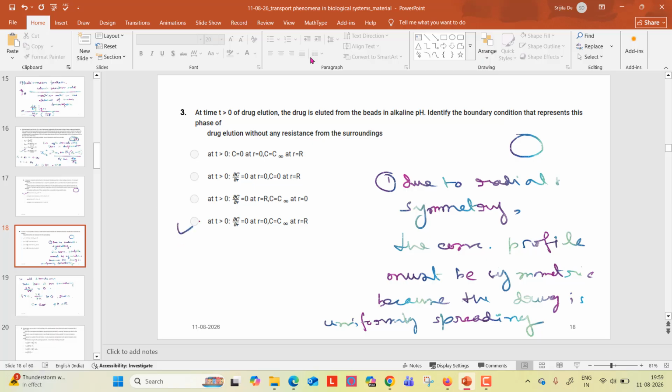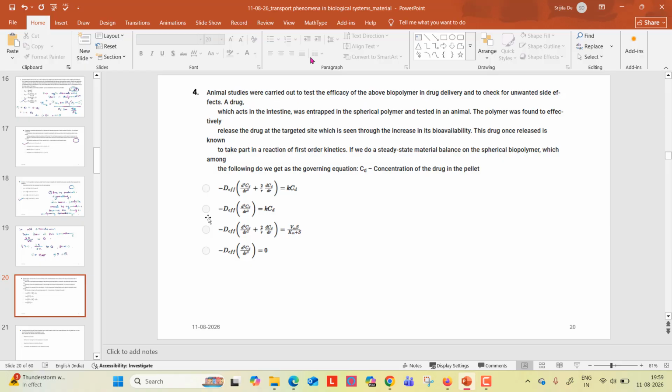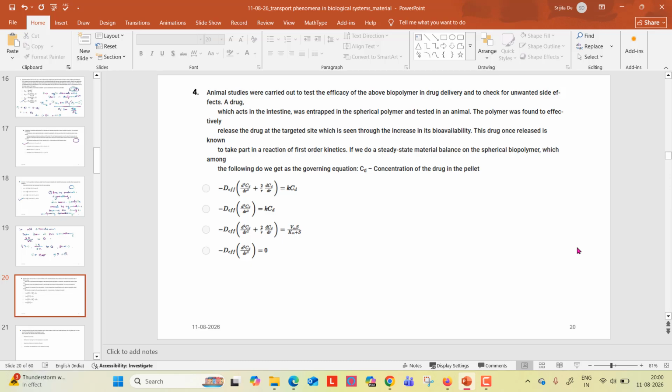Next. Animal studies were carried out to test the efficacy of the above biopolymer in drug delivery and to check for unwanted side effects. A drug which acts in the intestine was entrapped in the spherical polymer and tested in an animal.